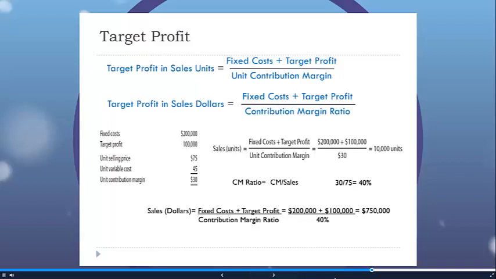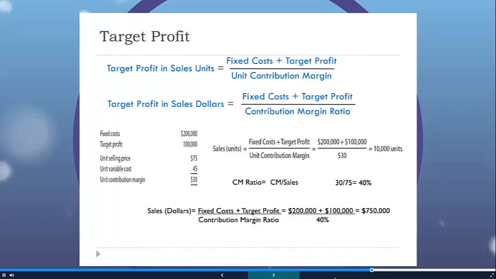Let's take a quick look at this example. For example, our fixed costs are $200,000. We want to make sure we have a profit of $100,000. The first thing we need to do is find that unit contribution margin and that contribution margin ratio. Our unit contribution margin is 30. Therefore, if I take 30 divided by my 75, I get a contribution margin ratio of 40%. Now let's look at the equations.